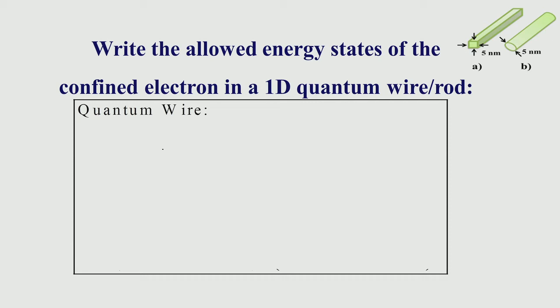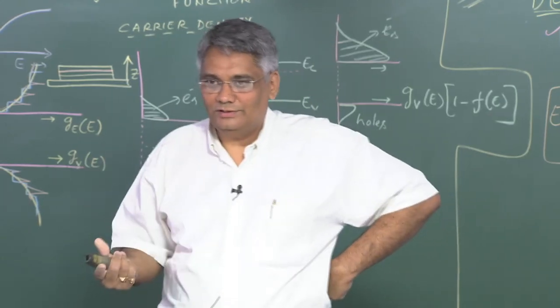You have now a rod, a nanotube, a nanorod, a nanofiber, where two of the dimensions are in the quantum confined state. So how does the energy expression look like? So the confinement is along two directions.